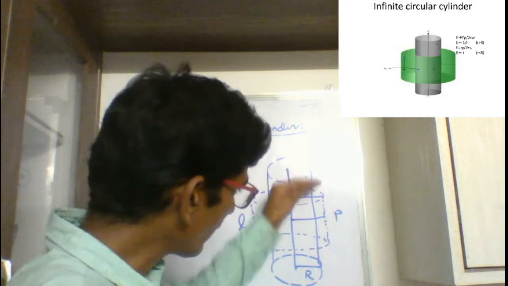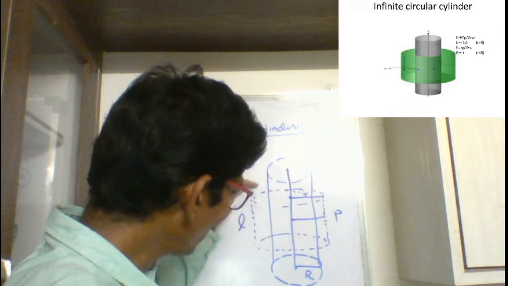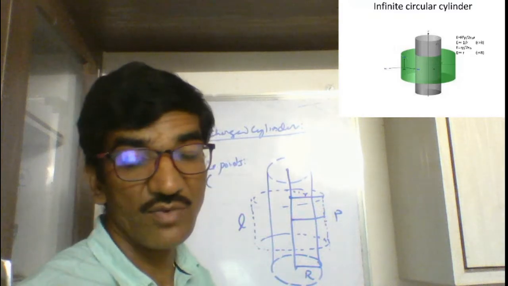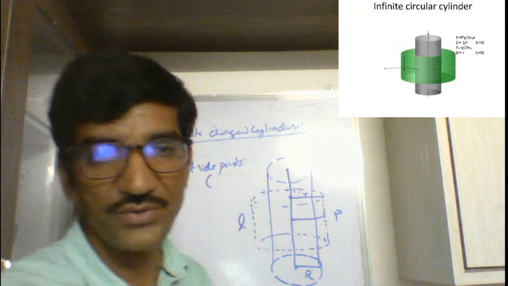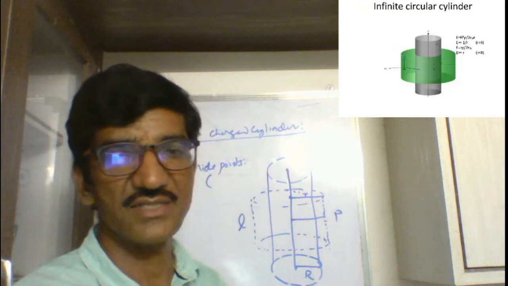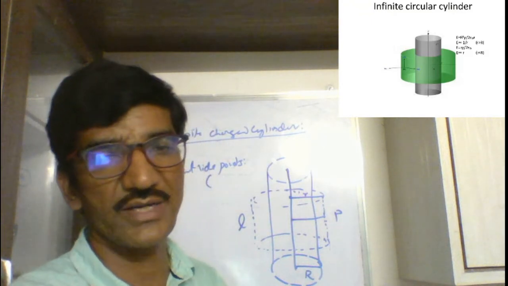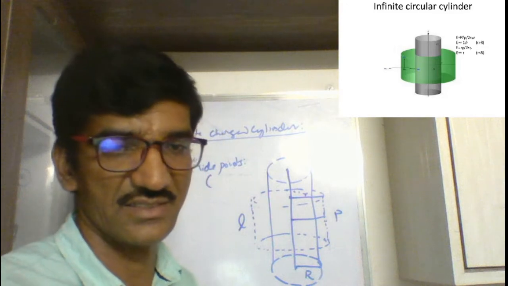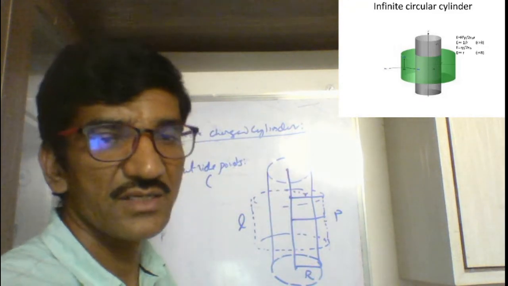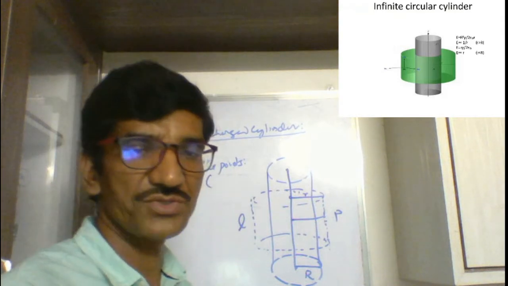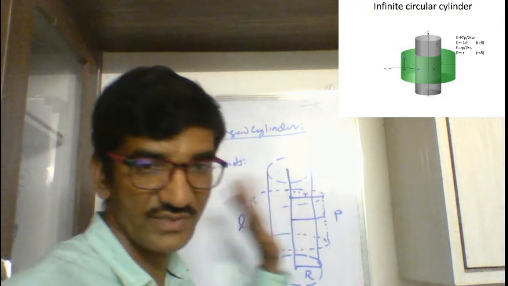At all the points on the lateral surface, you have the same electric field intensity, because all those points are located at an equal distance, that is the radius, from the axis of the cylinder. So E is constant over the lateral surface.